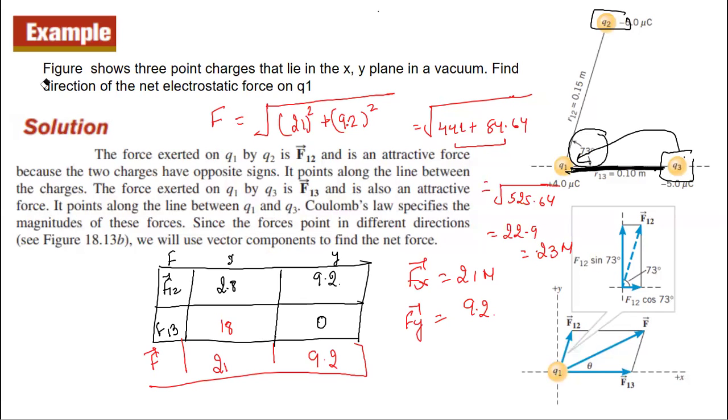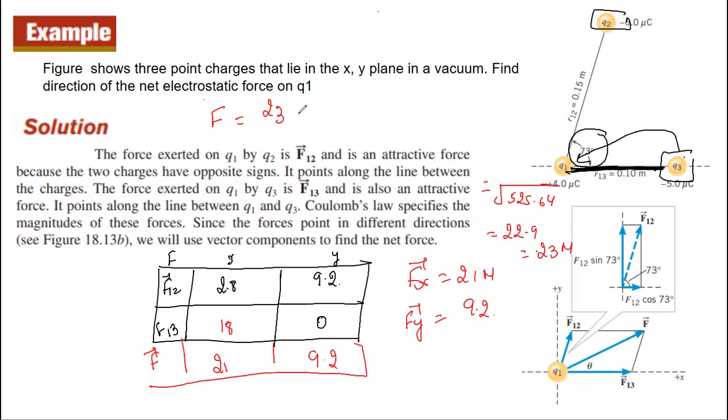This is the magnitude of your F, not the vector. I'm sorry, you can just write F. So I'm going to clear this up nice and smooth, and write that I successfully found the magnitude, which is 23. Let's talk about the direction. What will be the angle?